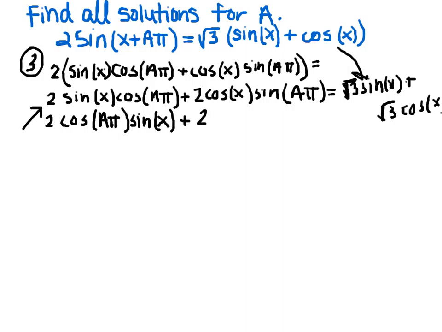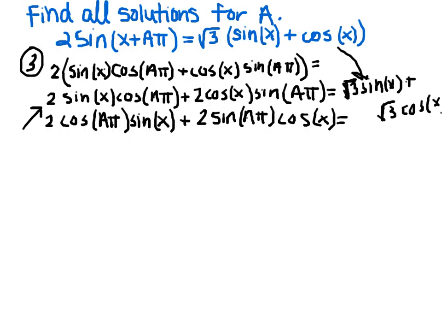We can write it as 2 times sine of a pi times cosine of x. Now if we look at the equation that we have, 2 cosine of a pi times sine of x plus 2 sine of a pi cosine of x, that all has to equal square root of 3 sine x plus square root of 3 cosine x.